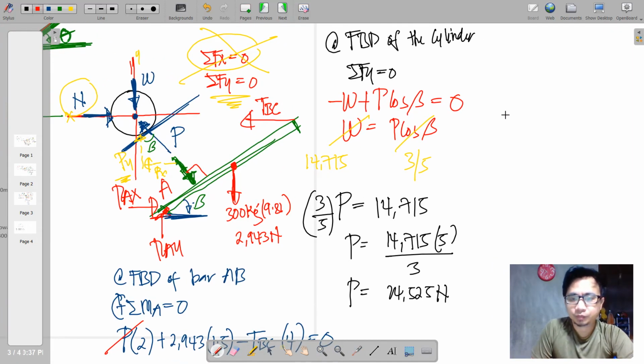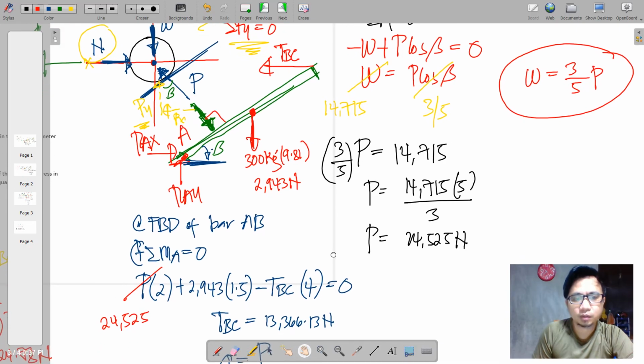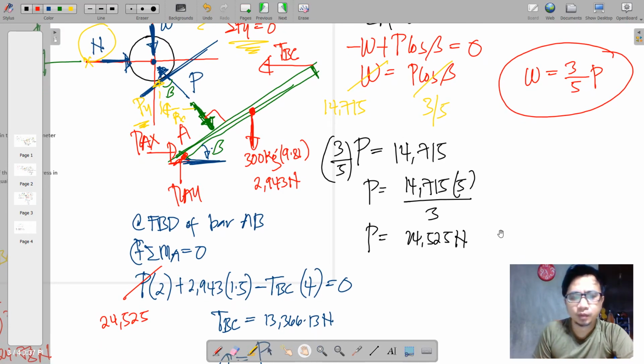Of course, we can use again the summation of forces in Y, but we do not place a value for W here. The vertical component of P is 3/5 of P, and then W is 3/5 of P. This summation of moments actually involves P here, so therefore W should be in terms of P.